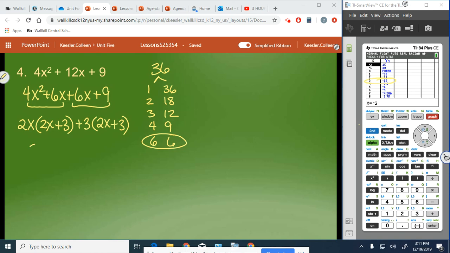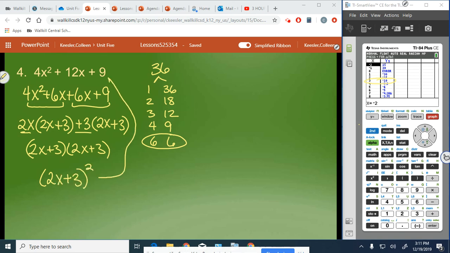So 2x plus 3 is my common binomial factor, and if I factor that out, I'm left with 2x plus 3 again. So this one is also a perfect square trinomial because I can express it as 2x plus 3 all squared.